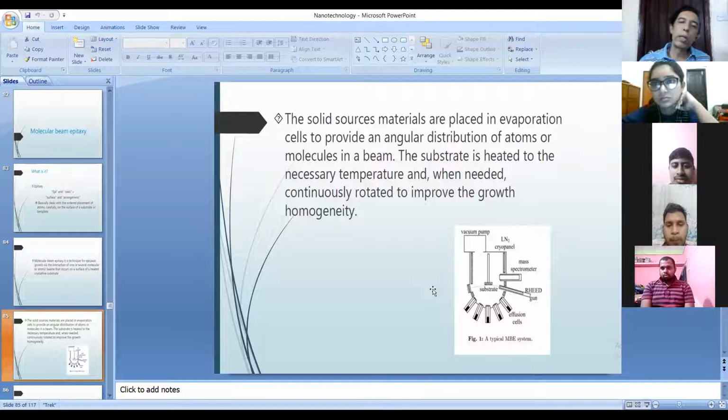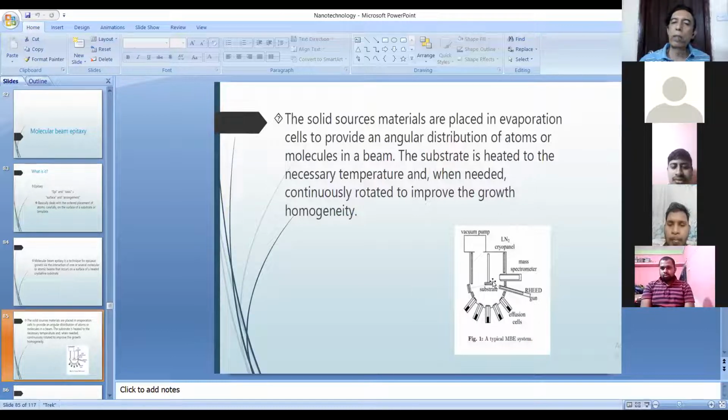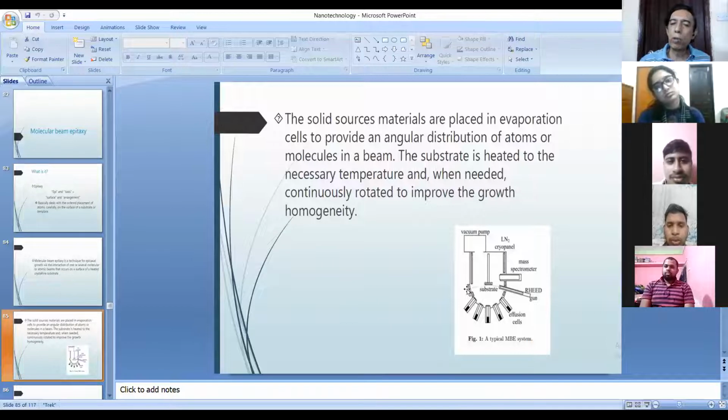There are different substrate temperatures for different thin films. The substrate is heated to the necessary temperature, and when needed, continuously rotated to improve the growth homogeneity. The substrate is continuously rotated for homogeneous growth to all sides of the substrate.